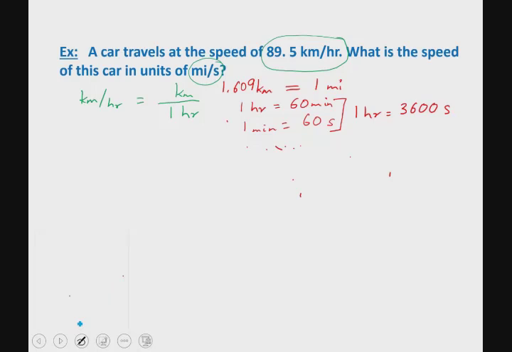Okay, so let's set it up. As I said before, we start with what's given that needs to be converted. 89.5 kilometers per hour needs to first, let's take care of the kilometers first. Kilometers will go on the denominator, miles on the top, so that kilometers cross out.